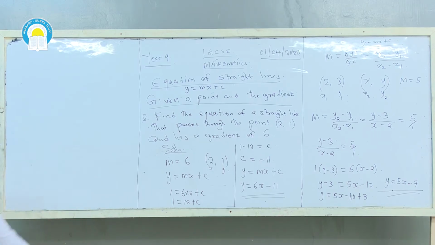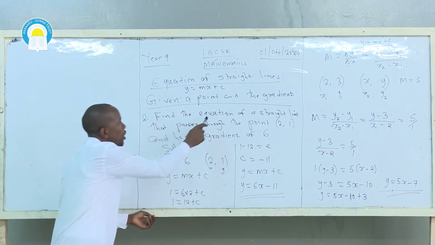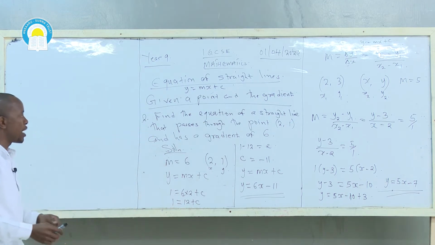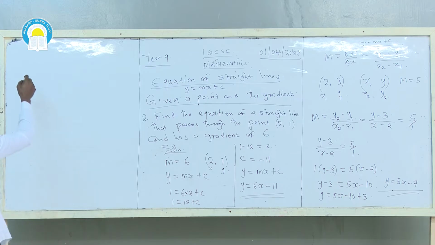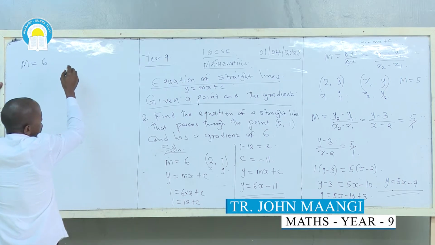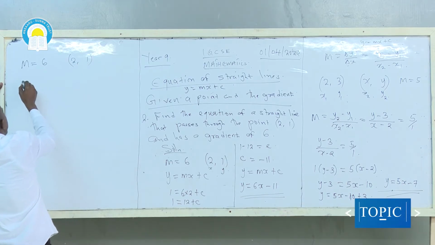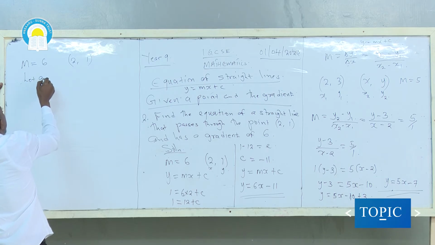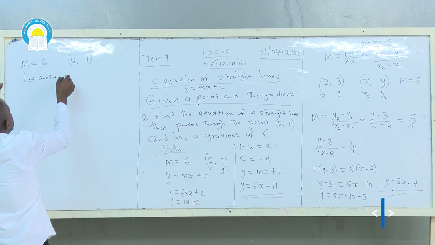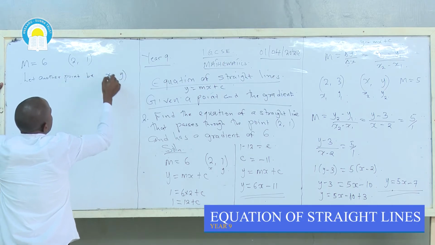The second method on the same equation: we have the gradient, which is 6, and we have the point, which is (2, 1). So you let another point be (x, y).